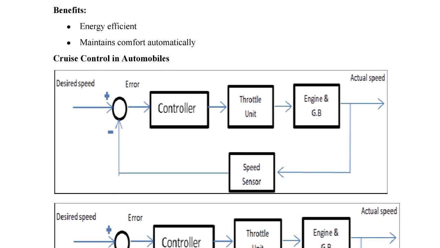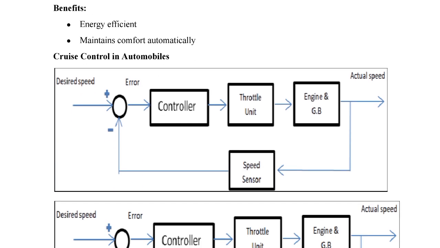The next example is cruise control in the automobile. Here cruise control is used to maintain the desired speed of the vehicle. It is the same concept, but the parameter is the speed of the vehicle. First, we set the reference input, the desired speed.